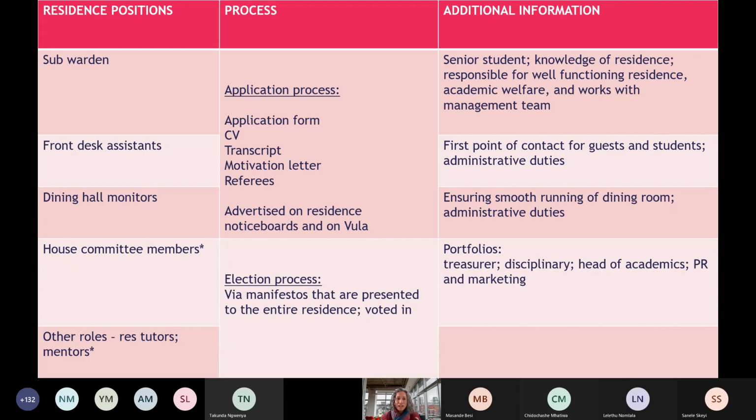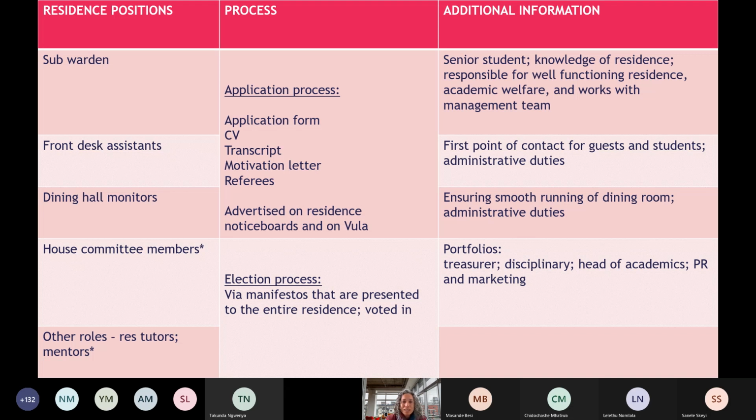And also, it's important to understand the processes that need to be taken to actually apply for these positions. So just to touch on residence positions that are available. You can see the first one there is Subwarden, which I think was quite a popular selection. And if you look, Subwarden, the front desk assistant, dining hall monitors, these are all paid positions.